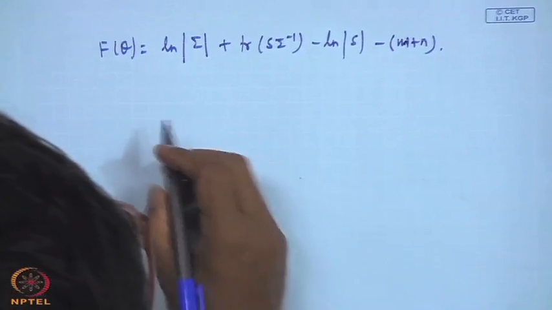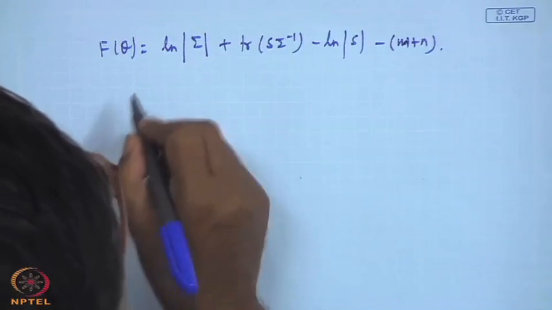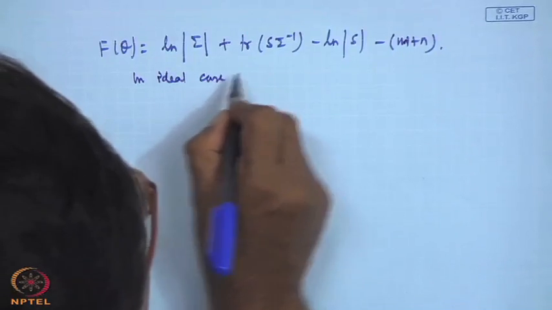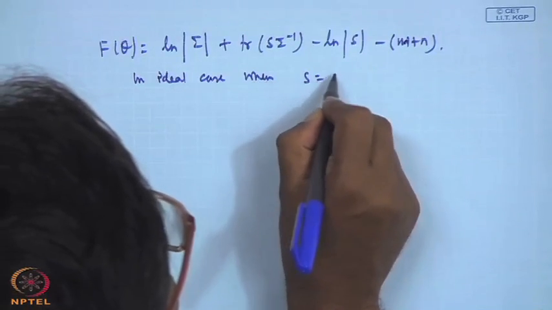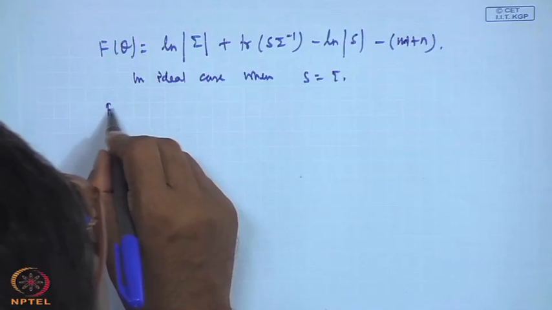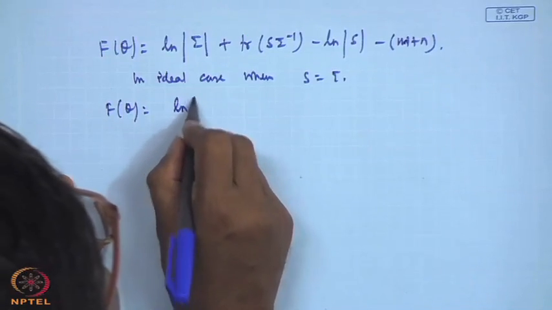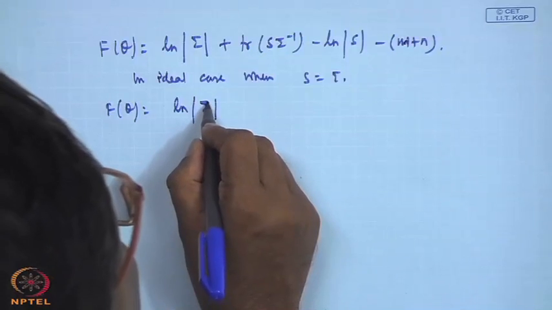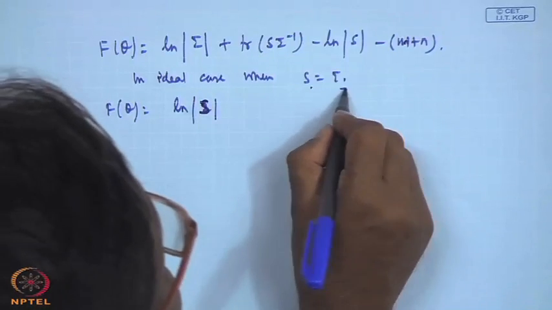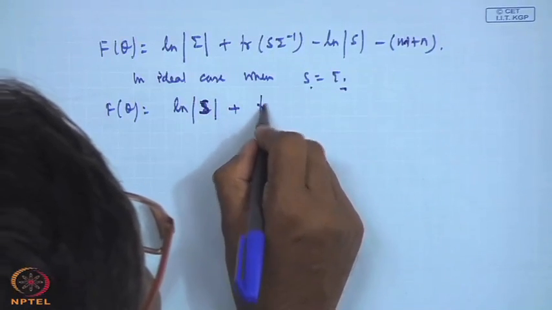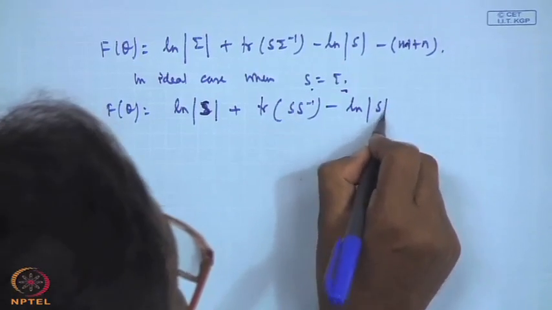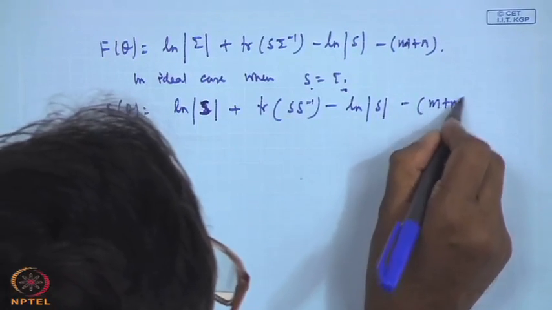Now, see the ideal case, what will happen? In the ideal case, when S equal to sigma, what will happen to f theta? You see, f theta will be log of determinant of this. So, I can write this is nothing but S, because S equal to sigma, plus trace of S inverse minus log of determinant of S minus m plus n.